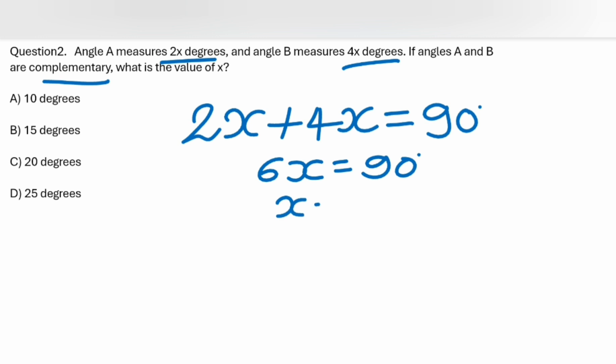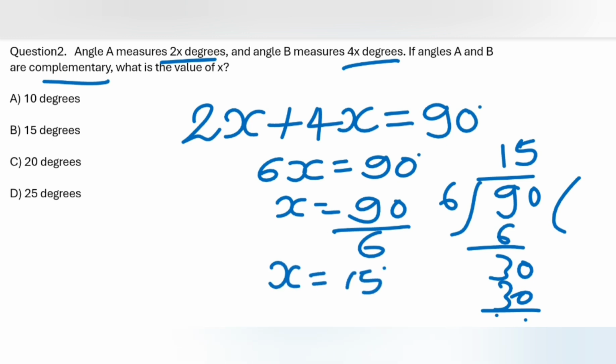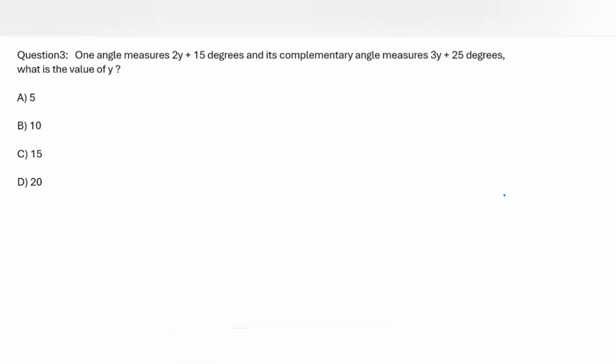So x is equal to 90 divided by 6. Okay, so 90 divided by 6 is 15. So x is equal to 15 degrees. So x is equal to 15 is the right answer, that is option B. Alright, let us move on to the next question.